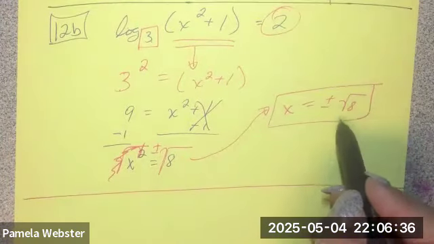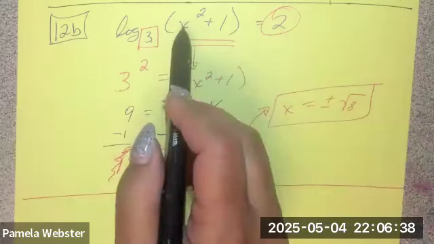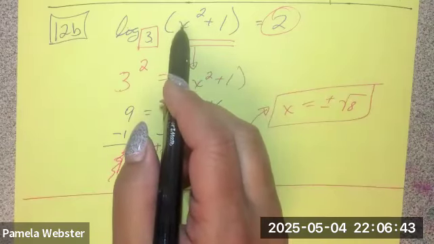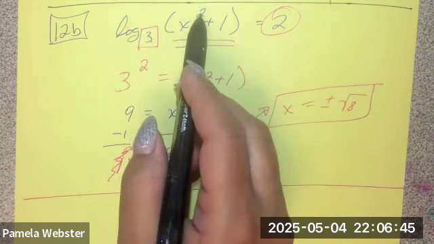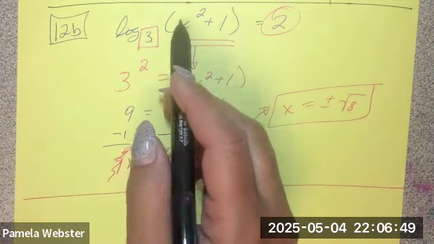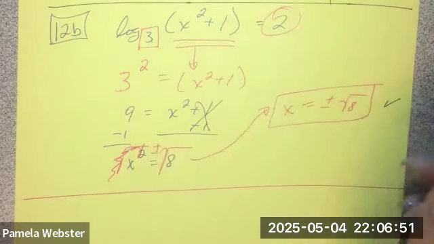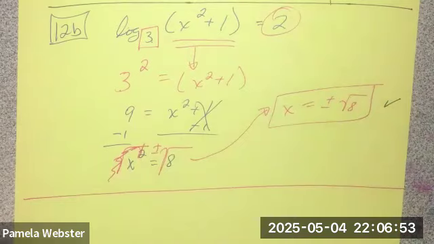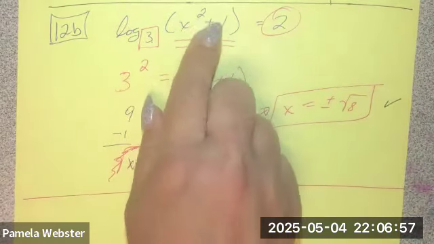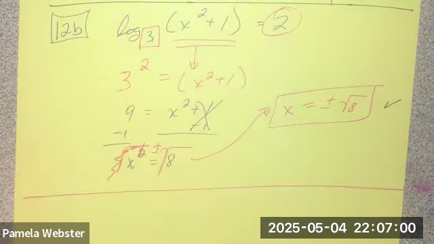And here, if I put in negative square root of 8, what happens right here? Negative square root of 8 squared, a negative times a negative is a positive, right? So in this case, I can use both of those. But if it wasn't squared, if it was just like -8 plus 1, -7, log of -7, nope, can't do it.